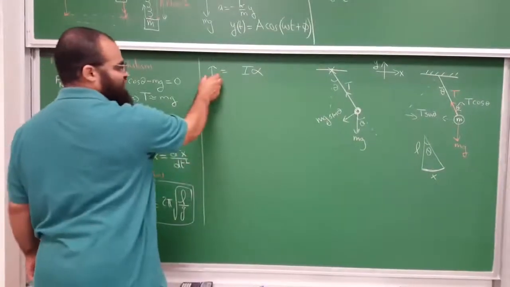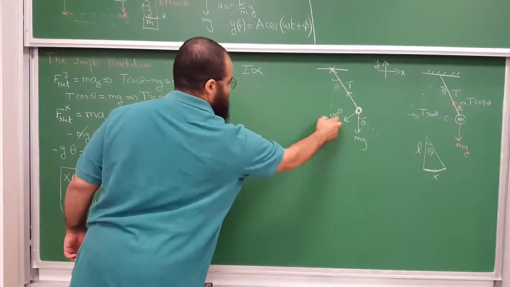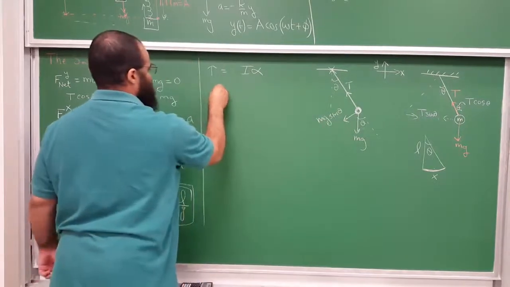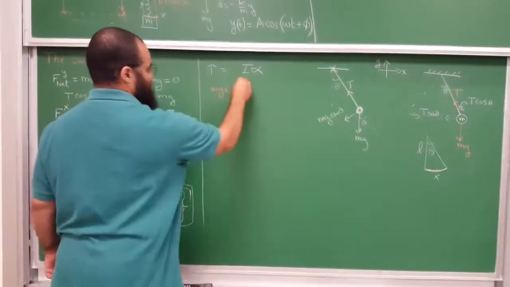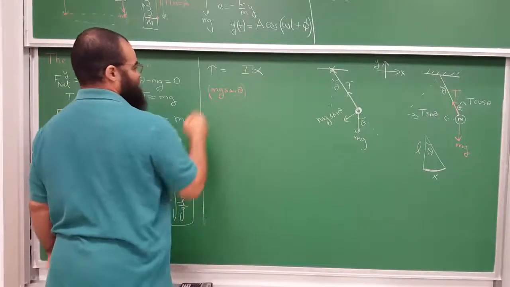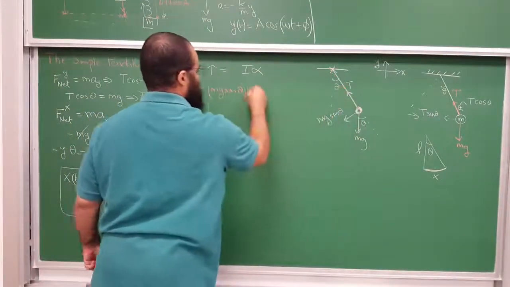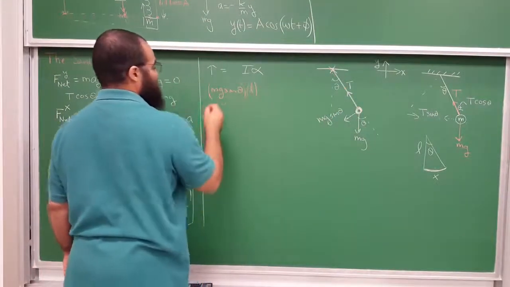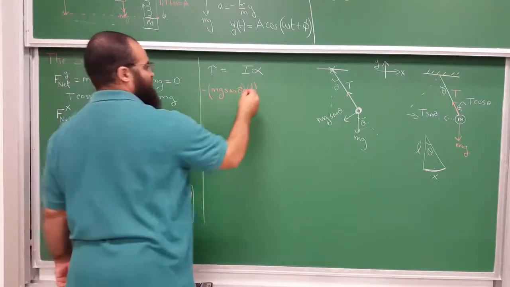Now the torque itself will be the force times the sine of theta, that's mg sine theta, times the arm length, that's L, and it's a negative torque. When theta is positive, it will be negative.